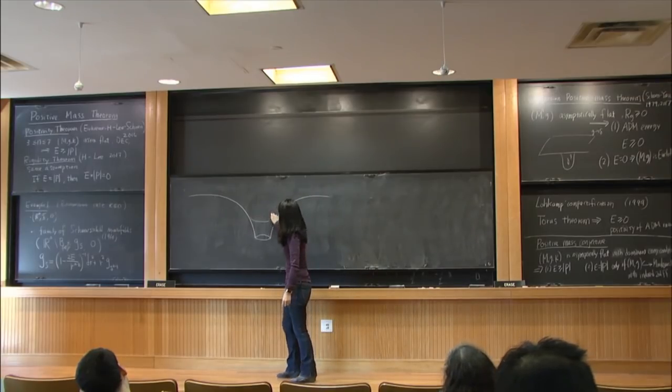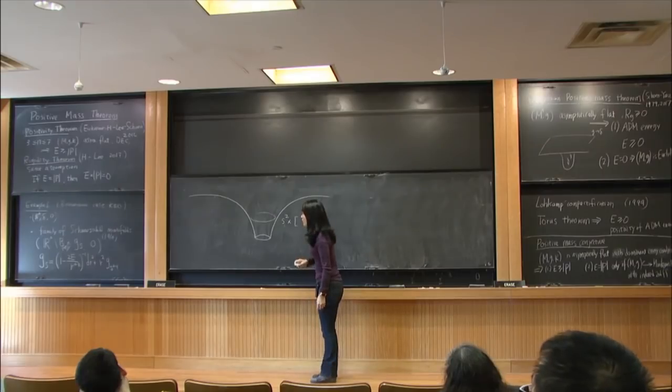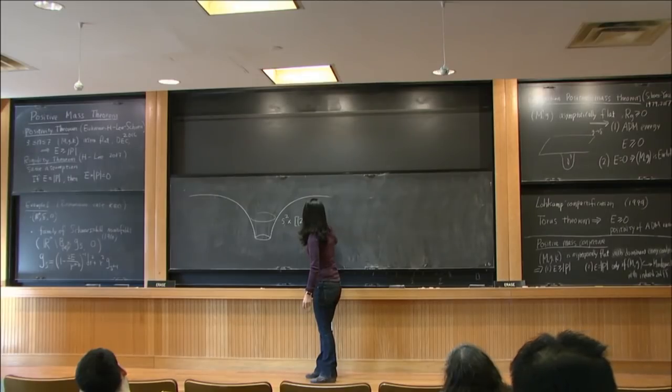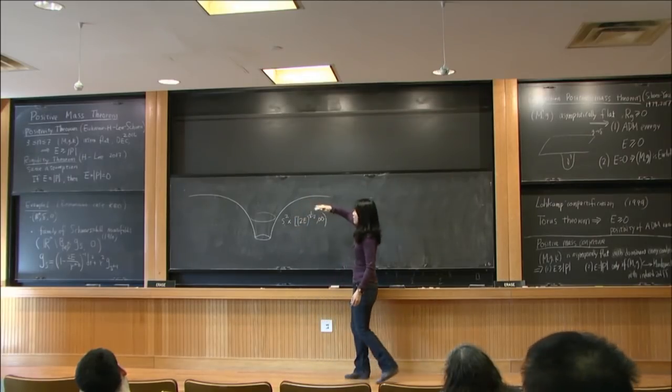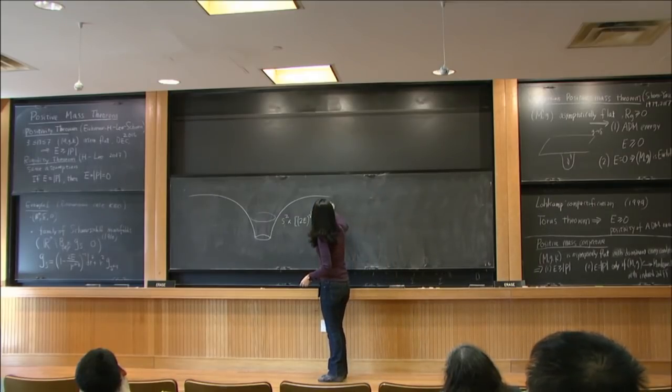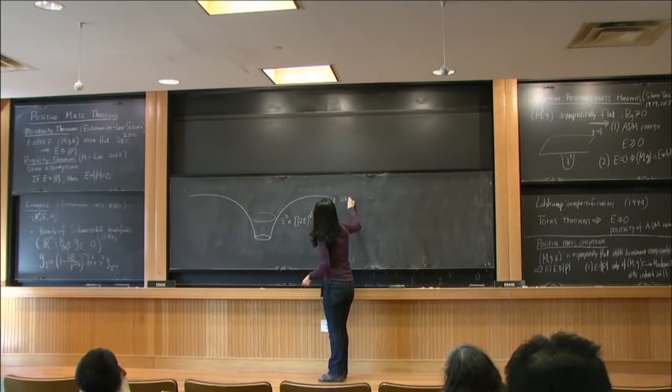So this picture you can think of as S^2 cross some radius, so each horizontal cross section is a sphere, and this is three-dimensional.